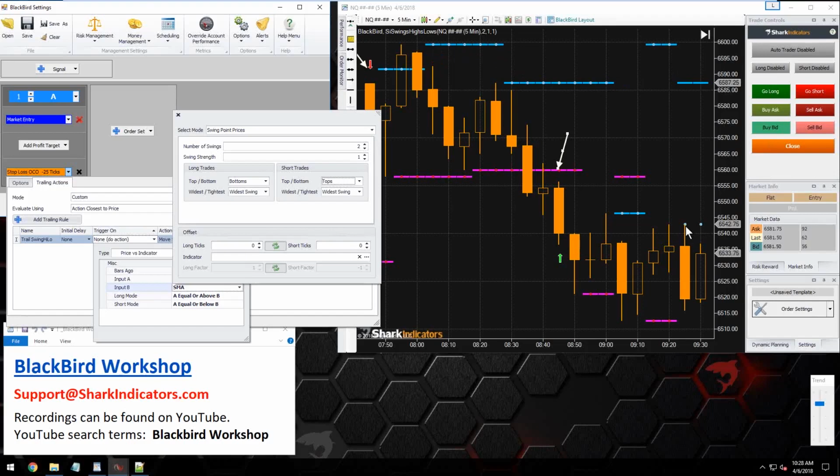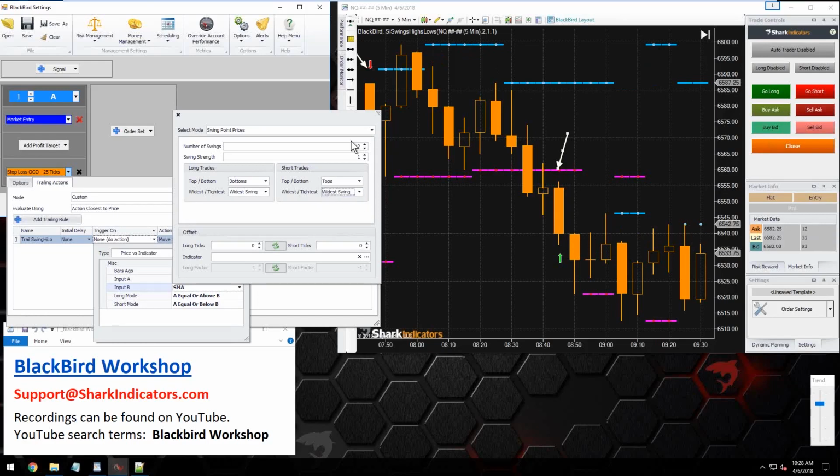And if you look at these dots down here, the tightest swings would be the dots here. But if you really want the highest high of the swing highs, then you want to use the widest plot.